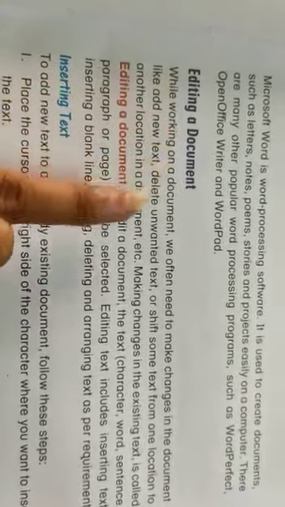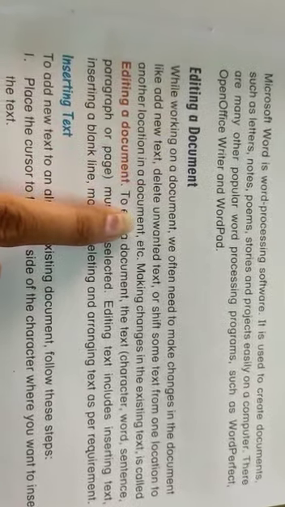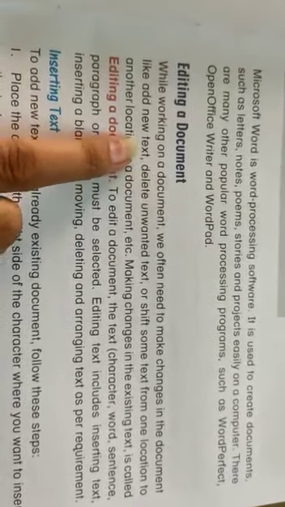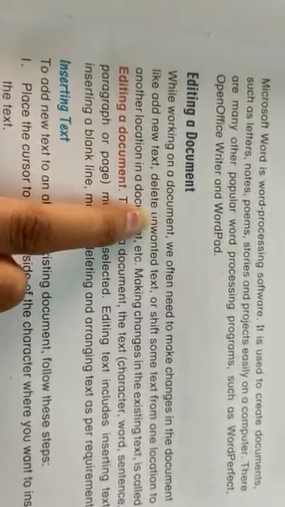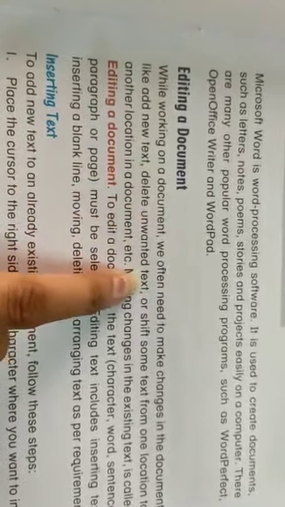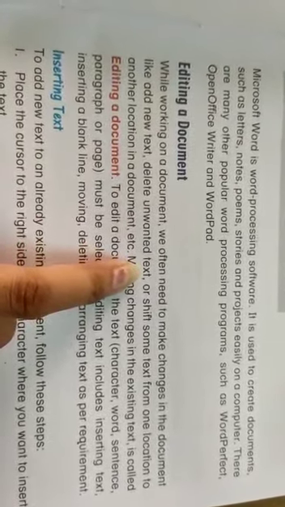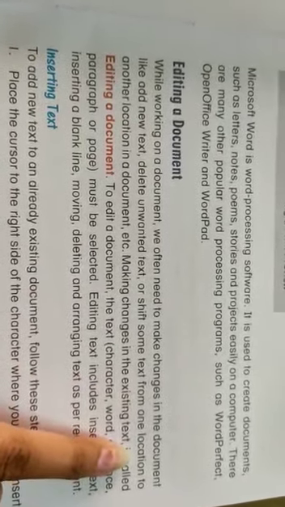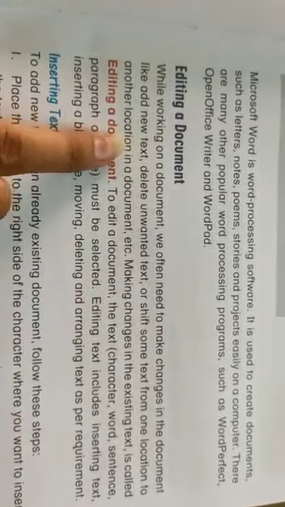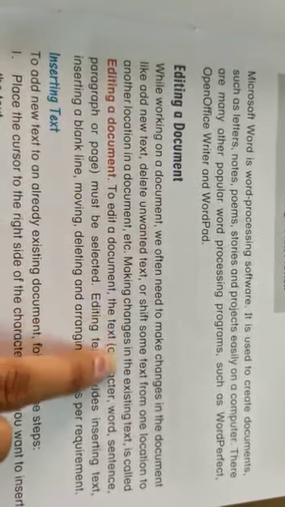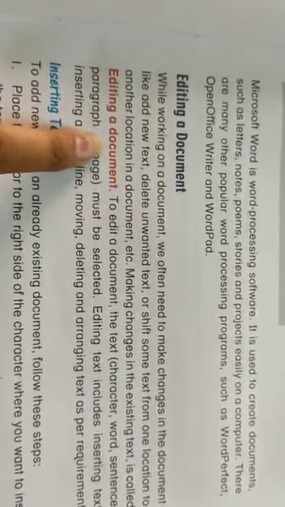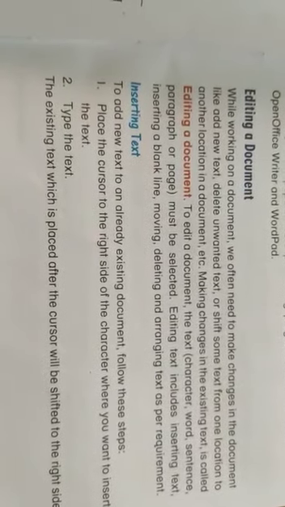We make one document, and after making and saving that, we may have to change the text, delete something, remove any unwanted text, or change the location of text from one location to another. These changes are called the editing of a document.